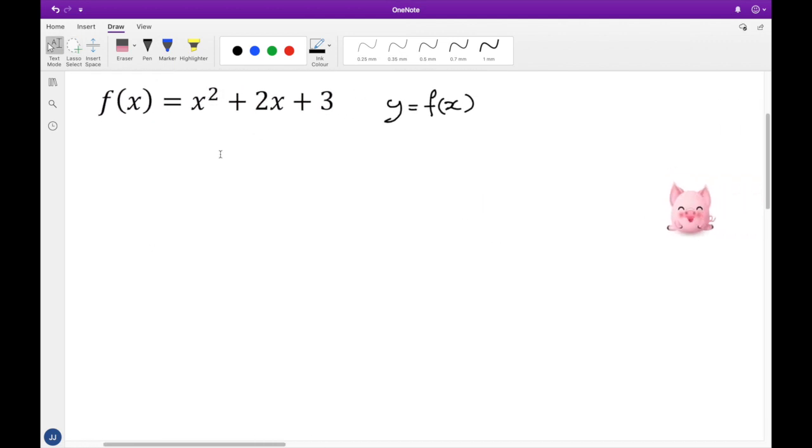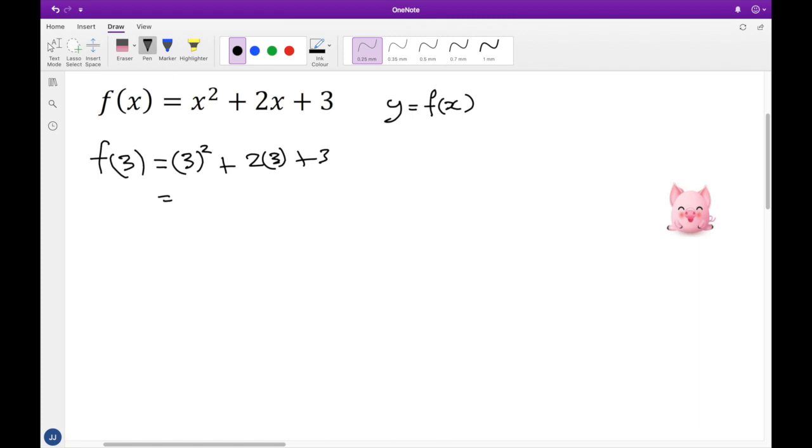Right, so really and truly, I could substitute x as anything, right? So if x is 3, then I will put the f of 3. And that will be, anywhere I see x, I'm going to put 3. So it'll be 3 squared, plus 2 times 3, plus 3.